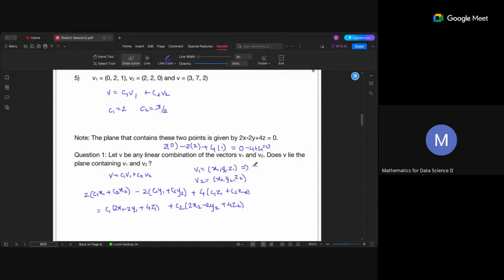So this satisfies 2x1 minus 2y1 plus 4z1 is 0, and this satisfies the same condition, right? So if these two are satisfying here and we substitute the values here, we get that this value is also 0.